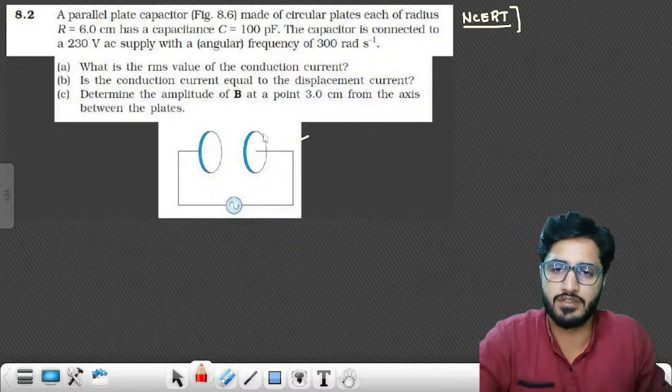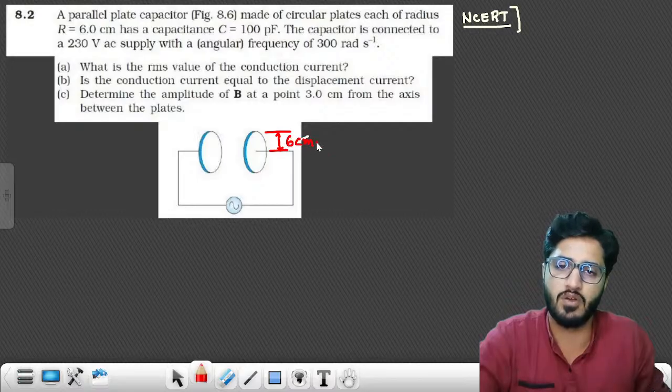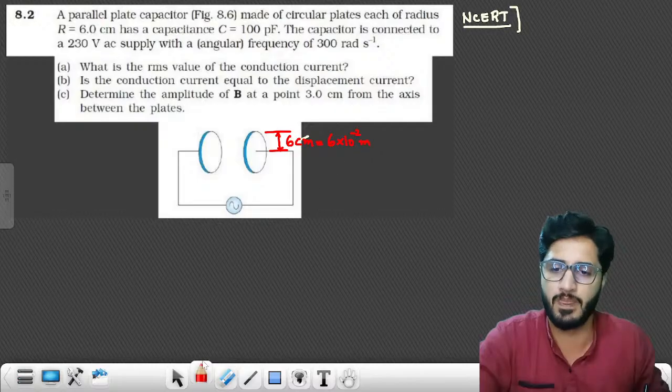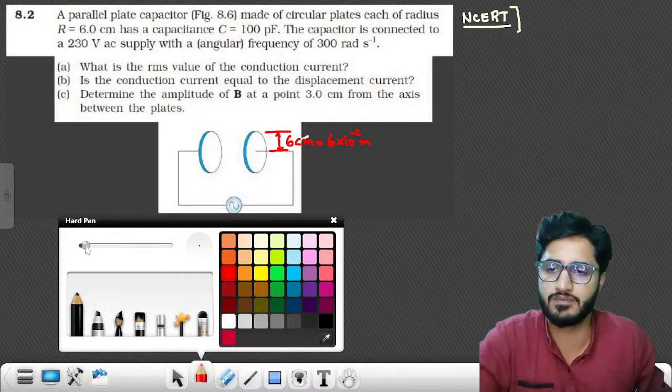This radius is given to me. It is 6 centimeter, or I can write 6 into 10 to power minus 2 meter. Look now.